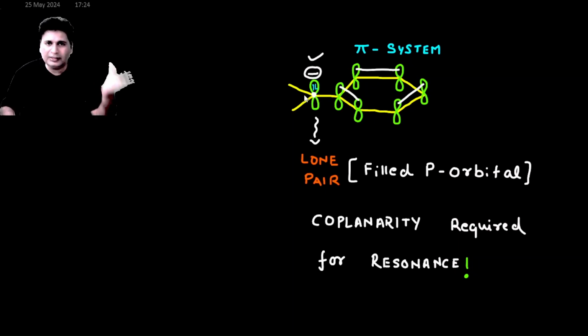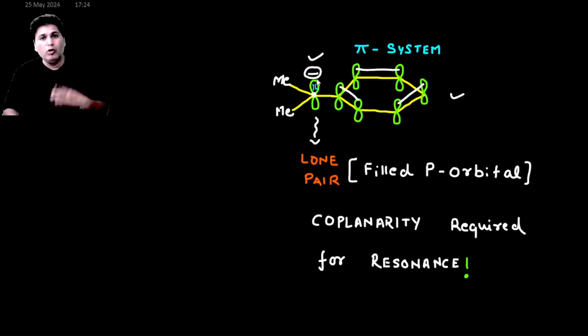So it's basically a carbanion, and directly with this a benzene ring is attached. This is a carbon attached with 2 methyl groups, as you can see, and it itself bears a minus charge, a lone pair is there on this carbon, and it is directly attached with a benzene ring which has a pi system. It has got 3 pi bonds, which I have written as pi system.